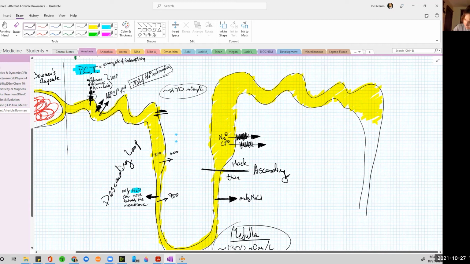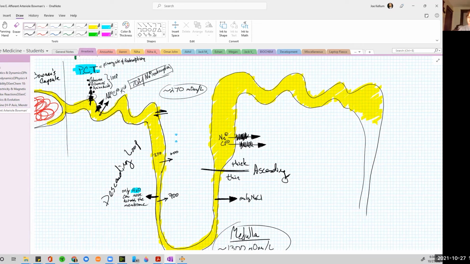Primarily passive, I would say. I would need to check to make sure it's active, but in my other picture that I'm checking myself on, it is active. So unless I'm wrong both times, then you're right. I know that the glucose, amino acids, all that stuff, that's definitely active, because you have to get 100% of it out.